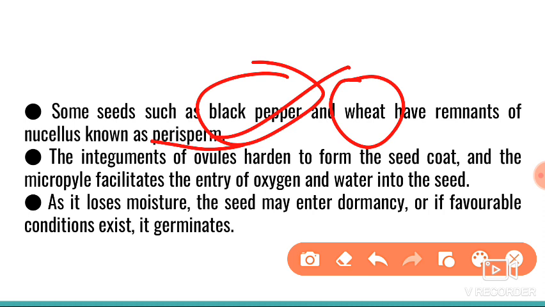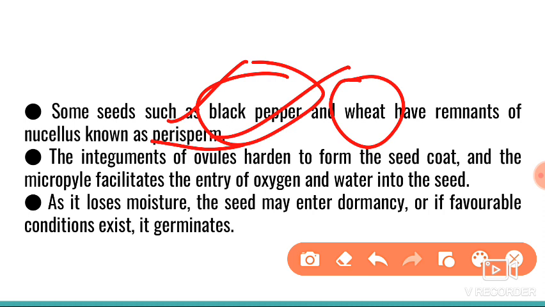Such persistent nucellus we call perisperm, and a seed that has perisperm we call a perispermic seed. Please remember perisperm, because for competitive exams they also ask what is perisperm.